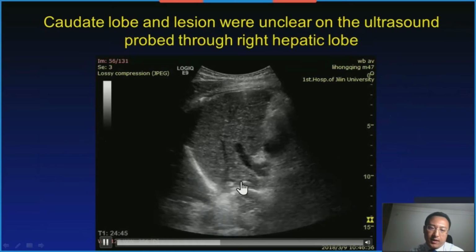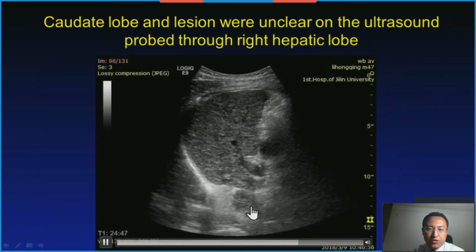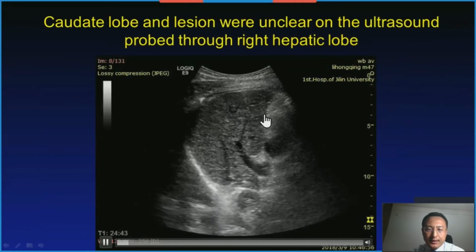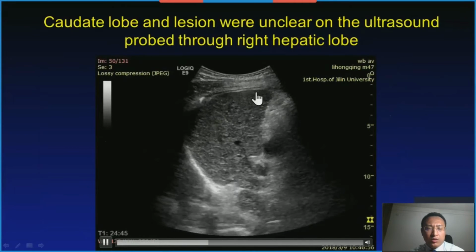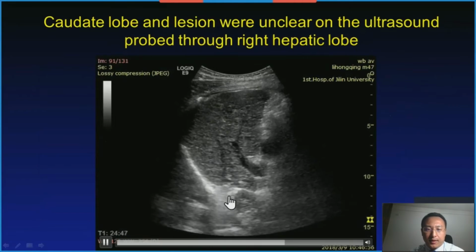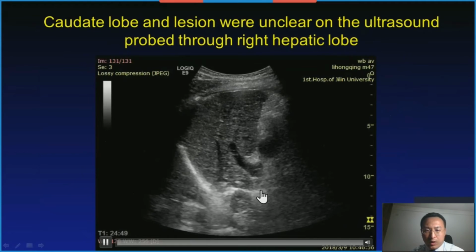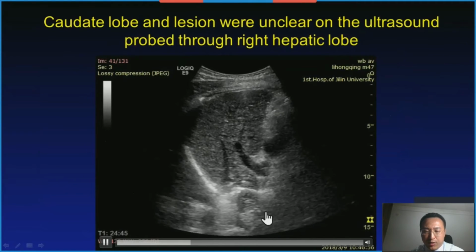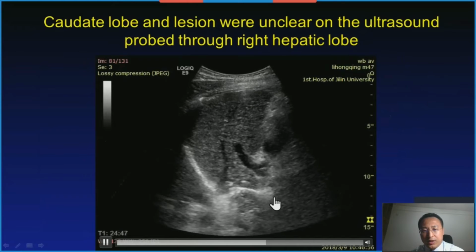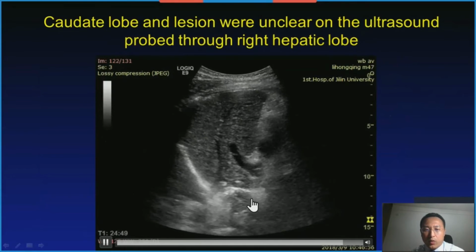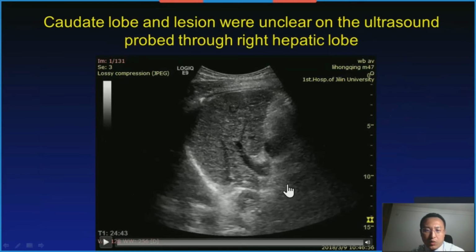And then we scan the caudate lobe and lesion from right side. The caudate lobe and lesion were unclear. And we do not know whether this area had a gastrointestinal tract and where the common bile duct is, we cannot identify the position.